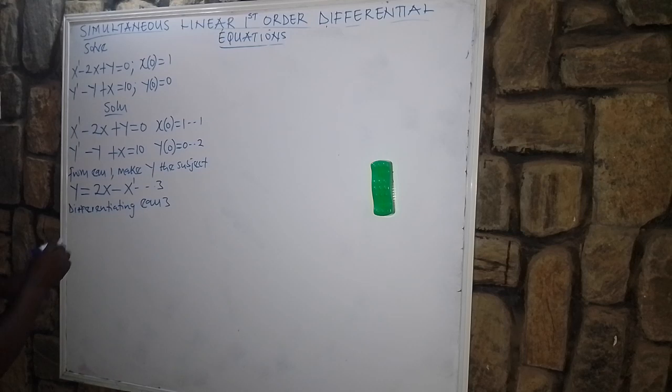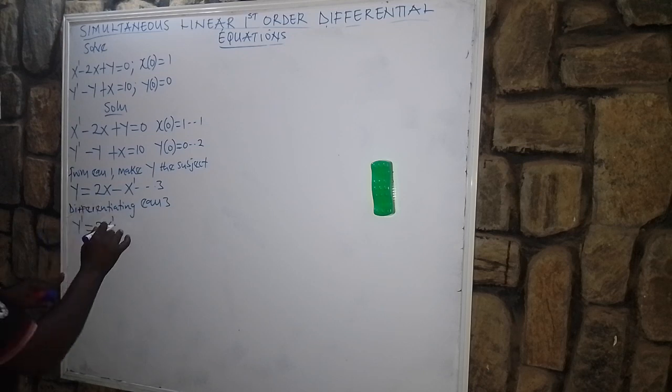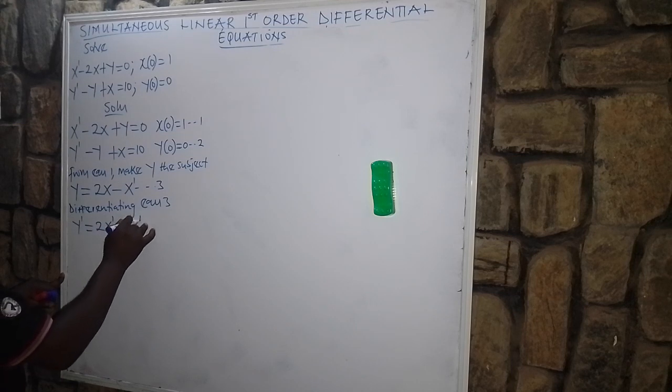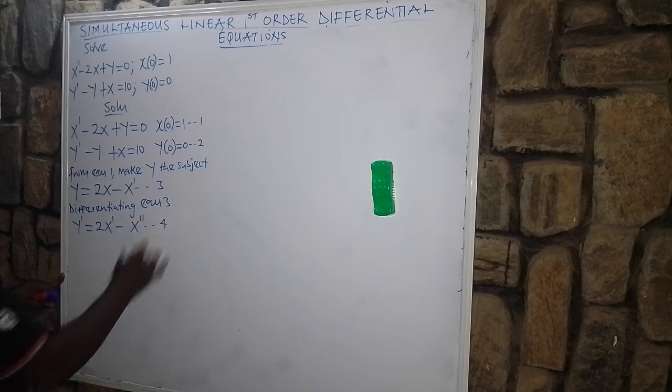So here, since we are dealing with prime, y prime equals 2x prime, then minus x prime prime. This is equation 4.